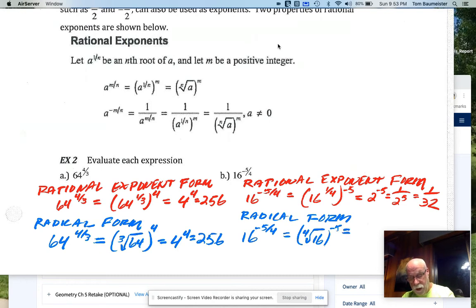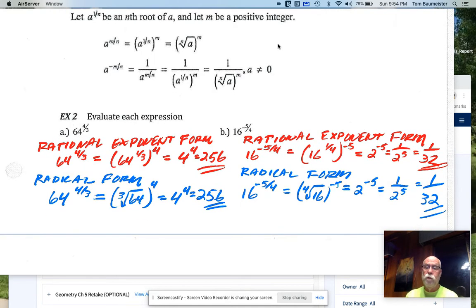Notice how each time I get the same answer, which again, 2 to the negative fifth, I can write as 1 over 2 raised to the fifth power, which is 1 over 32. So again, same answers here and same answers here. So choose the one that you like better, okay? And tell me to get my face out of the way.